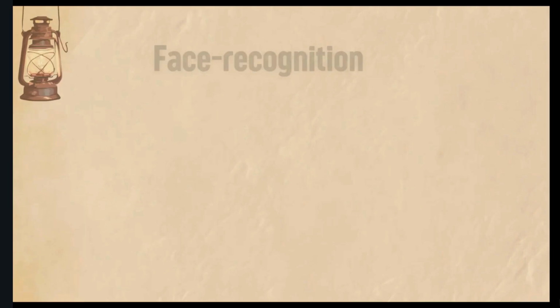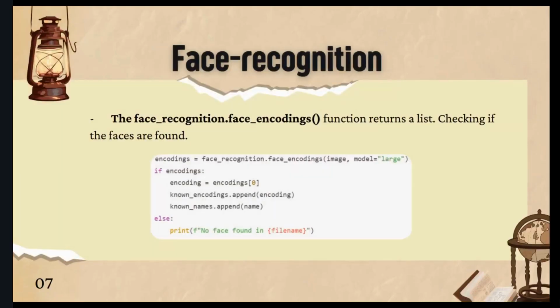The first one is face recognition. Face recognition is the most popular Python library. We can use it to encode the face by using face encoding, which returns a list, and we can also get the face embedding from the face encoding.